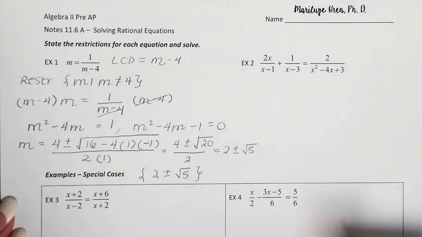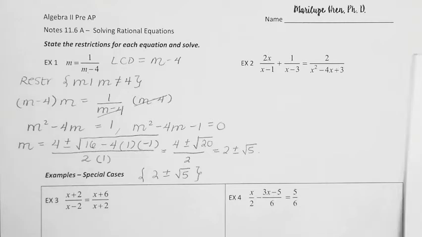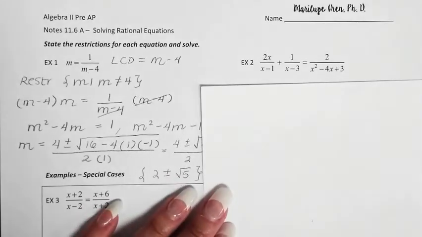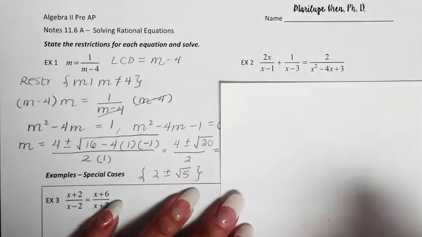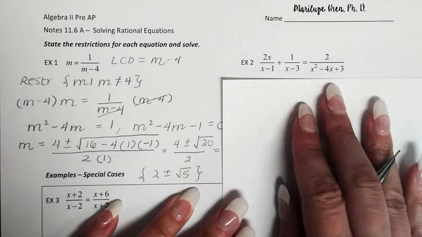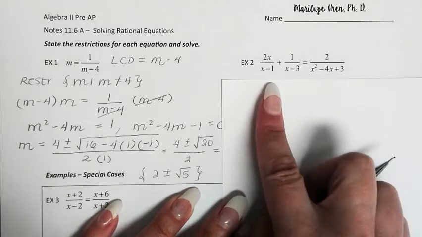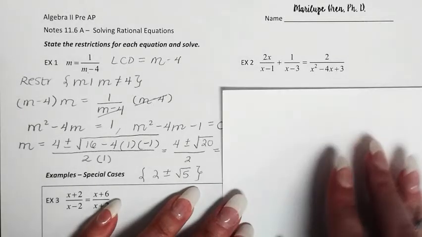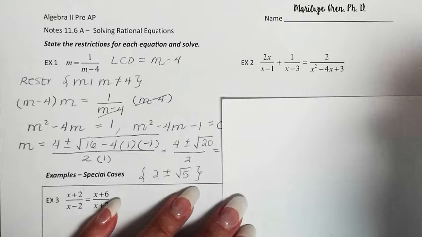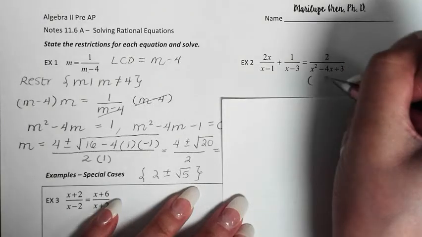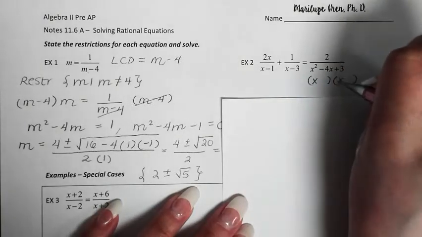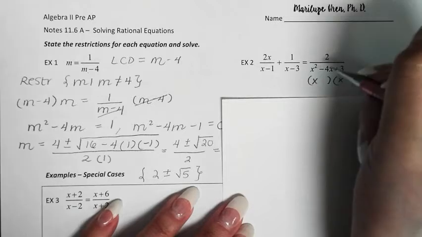For number 2, similarly, since I know that I'm going to run out of space, I have this new paper here. The first thing that you're going to do is find the least common denominator. Here you realize that you have a quadratic equation, but you can factor it. How can we factor this? Well, surprise, surprise.